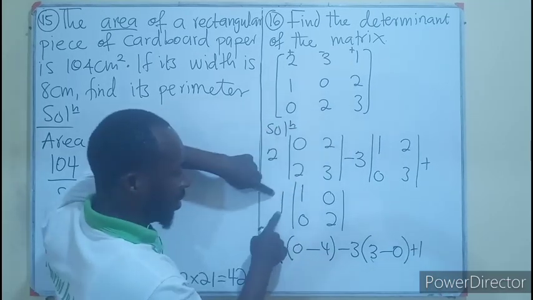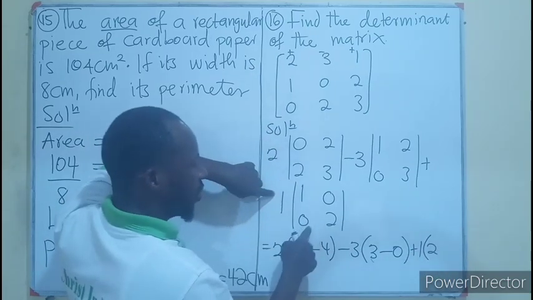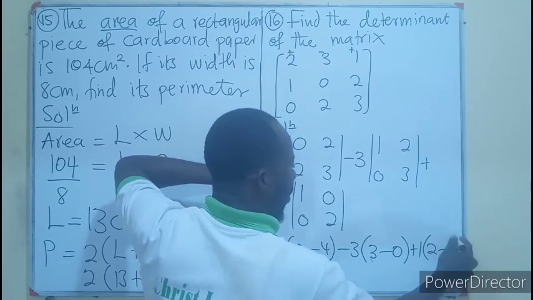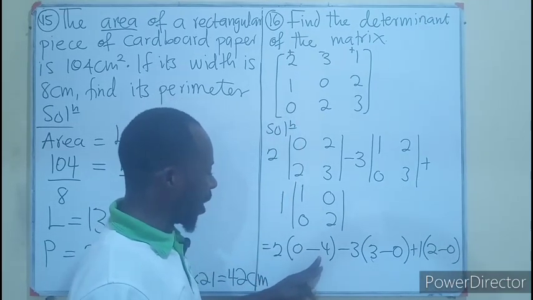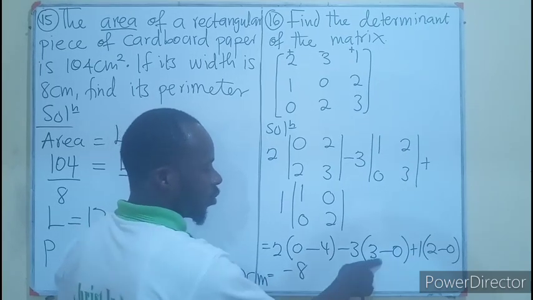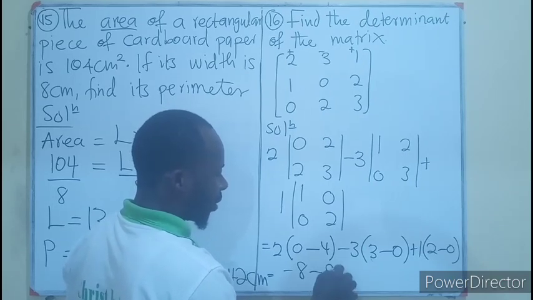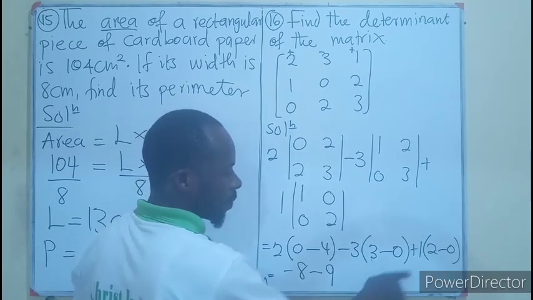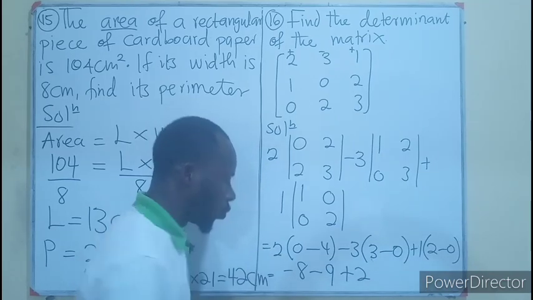Plus 1, which is here. 1 times 2, 2. 0 times 0 will be what? 0. So right here, I know I'll be having minus 4. Minus 4 times 2, minus 8. This will be 3. 3 times 3 will be 9. I have the minus there. This will be 2 times 1, which will still be 2.